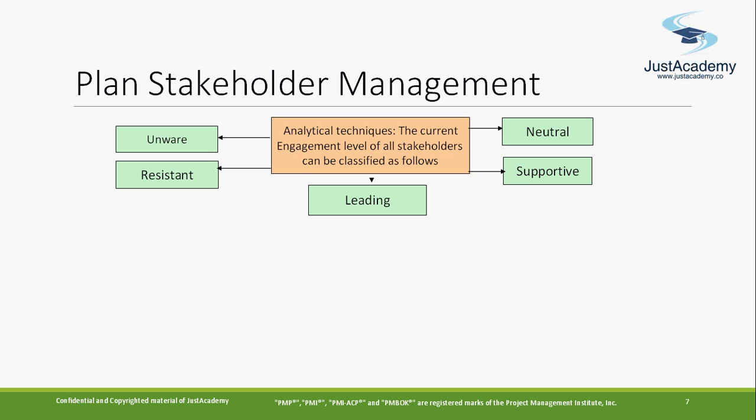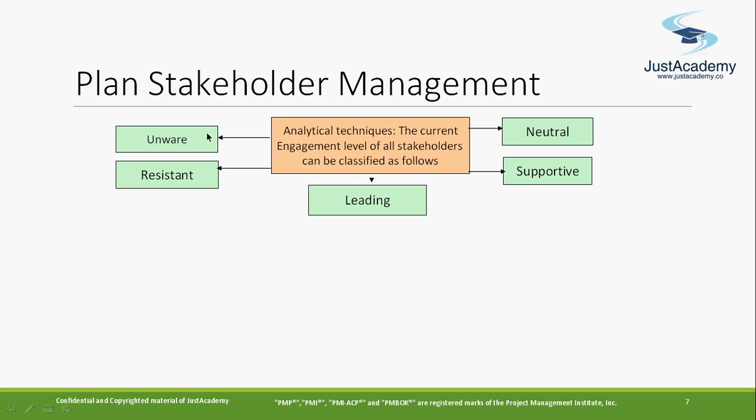You should have an approach where you try to convert them to neutral or supportive, because if they stay resistant throughout the project and have very little interest but very high power, that will become a problem for you. So make the stakeholders who fall in this category at least neutral, supportive or leading, so that this helps you with successful execution of your project.